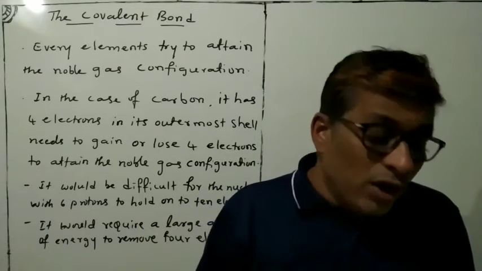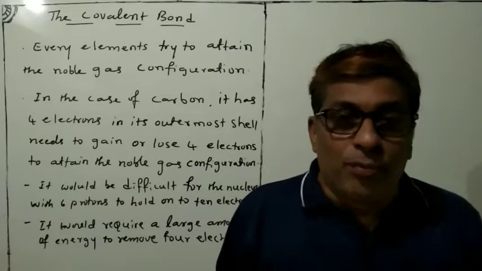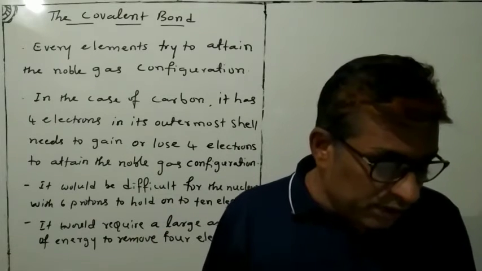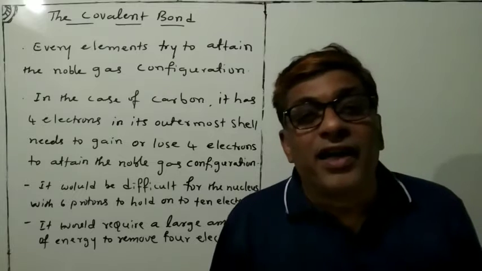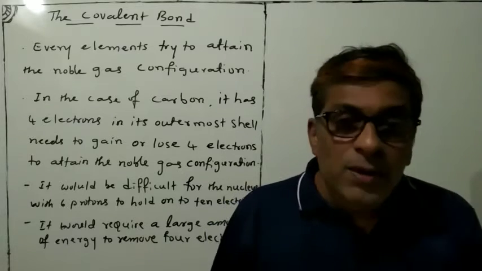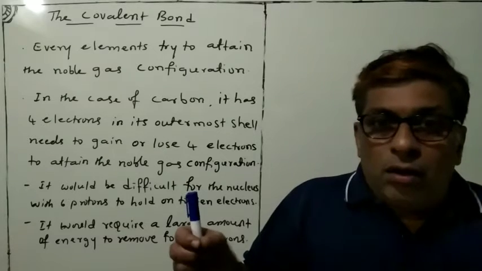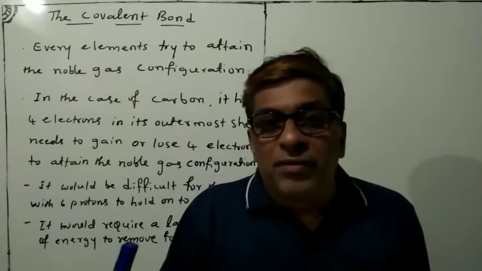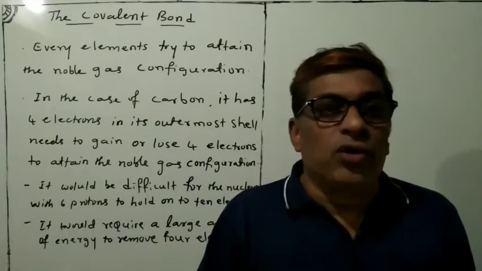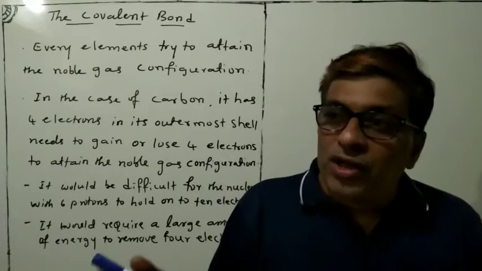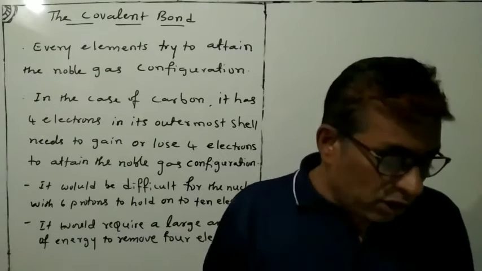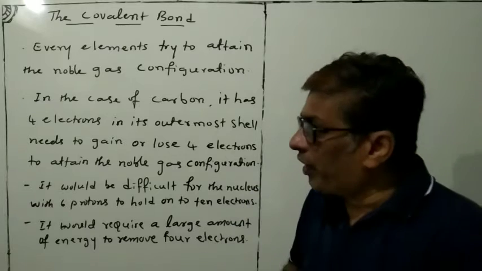That you also learned, elements forming ionic compounds. For example, sodium and chlorine achieve this either by gaining or losing electrons from the outermost shell. The bond between these two, sodium and chlorine, the compound formed is called an ionic compound, by transfer of electrons.